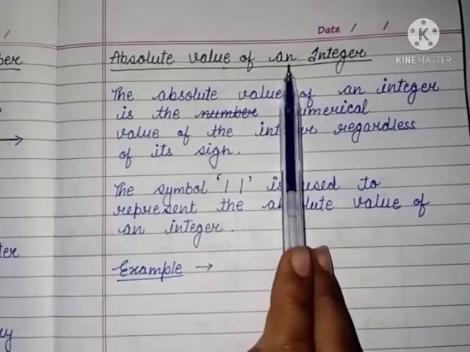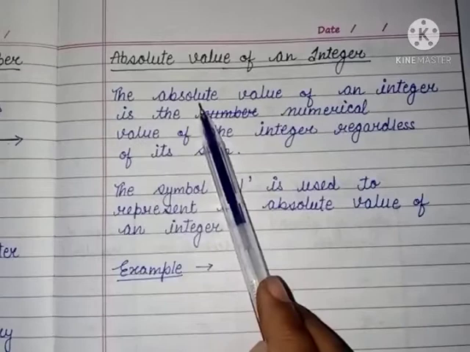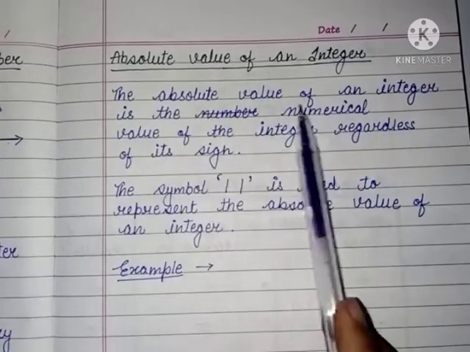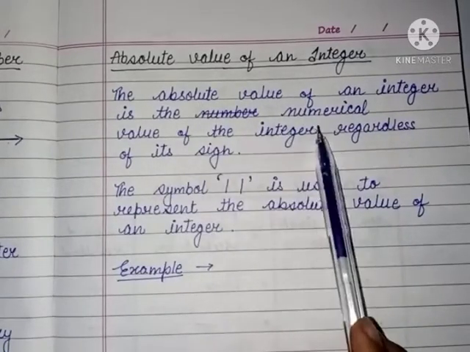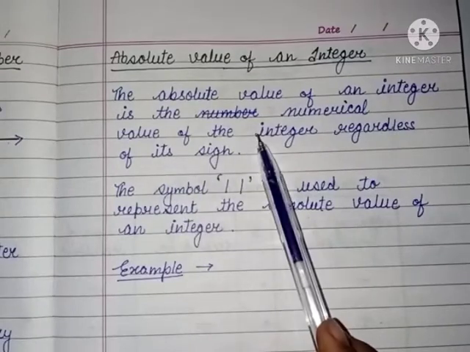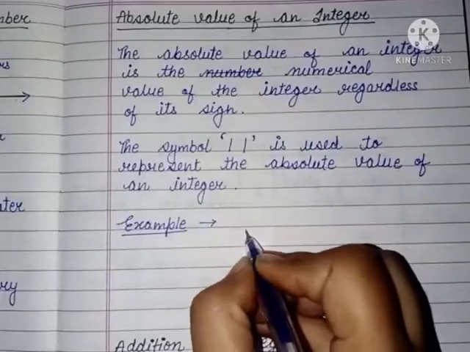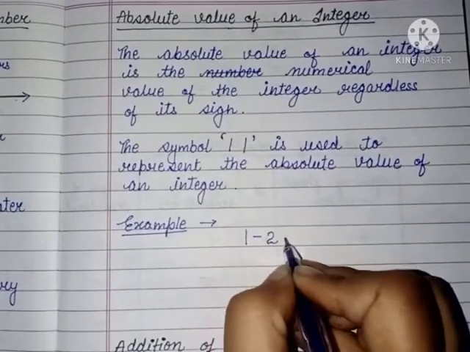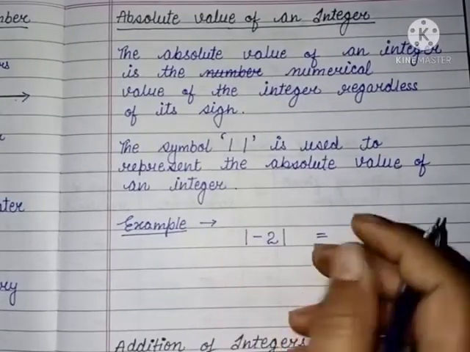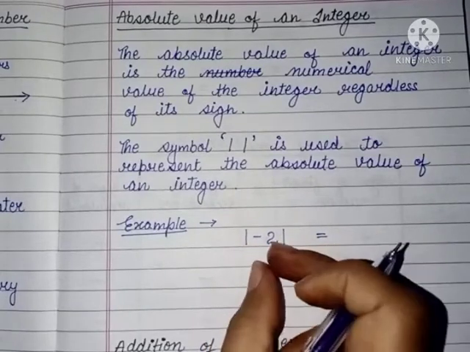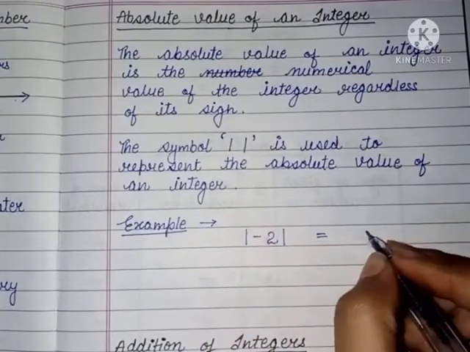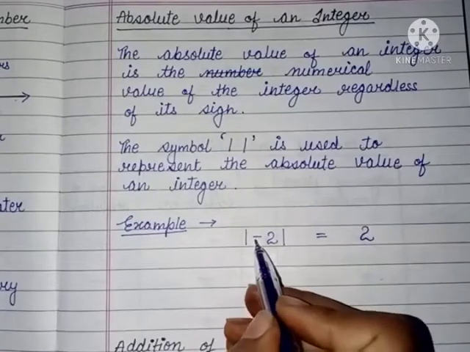Next, absolute value of an integer. The absolute value of an integer is the numerical value of the integer regardless of its sign. That means if we want to find the absolute value of minus 2, its value will be the numerical value, that means 2, regardless of its sign.